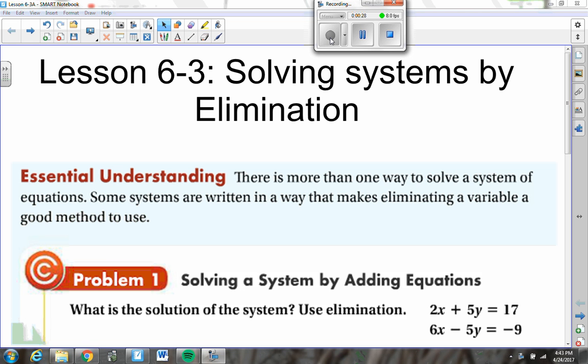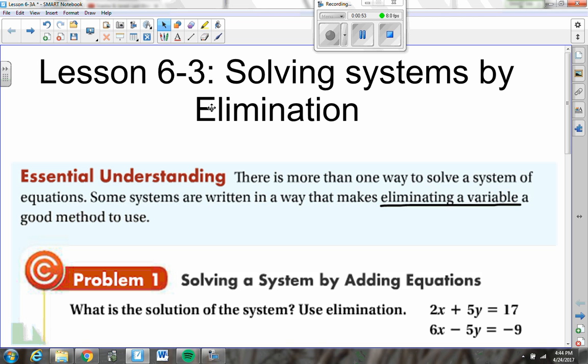Now, there's certainly more than one way to solve a system. We've already looked at two. We started out by graphing the lines, and then in our last set of videos we were looking at solving with substitution. And in certain cases, systems can be written in a way that makes eliminating a variable very easy and a very good method to use.